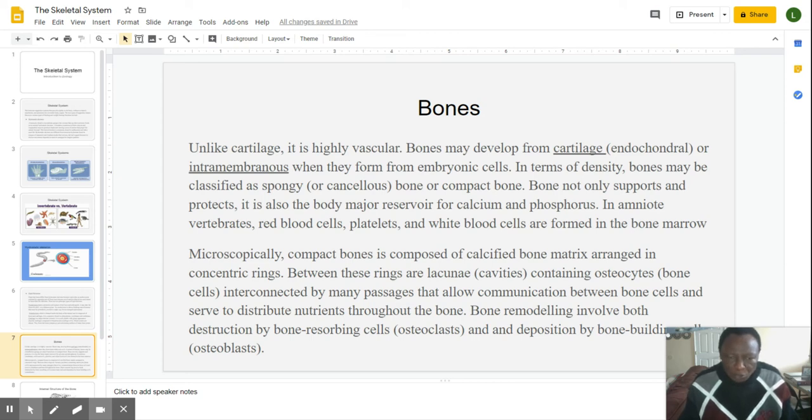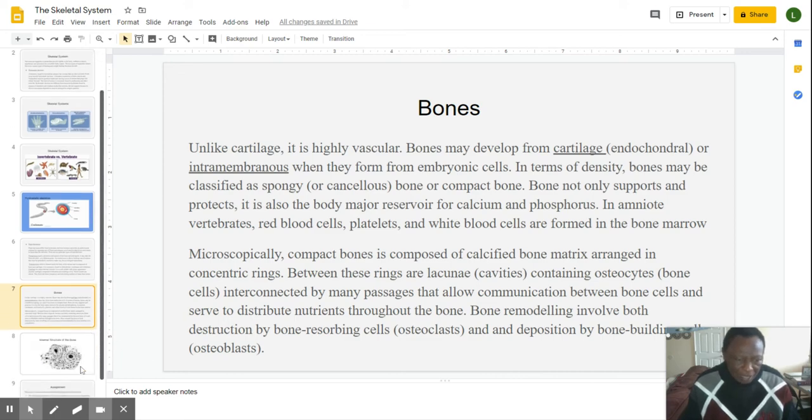Bones not only support and protect, they are also the major reservoir for calcium and phosphorus. In amniote vertebrates, red blood cells, platelets, and white blood cells are formed in the bone marrow of the compact bone.